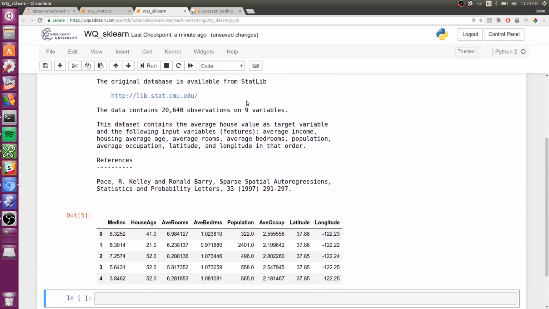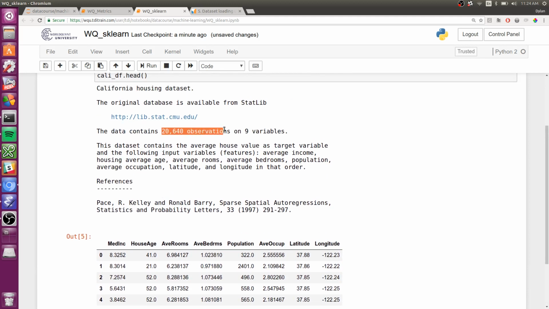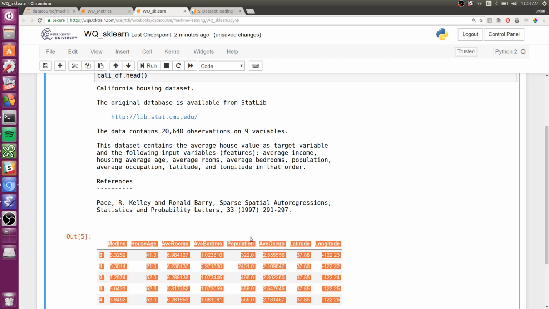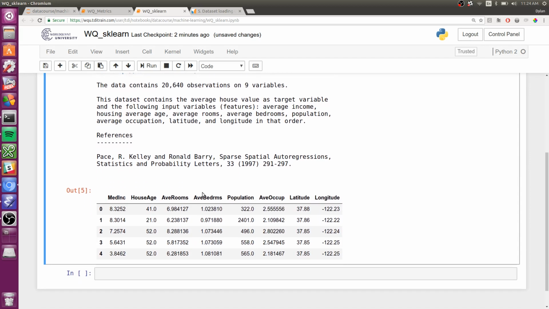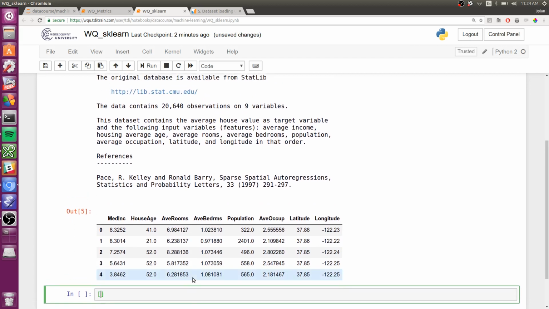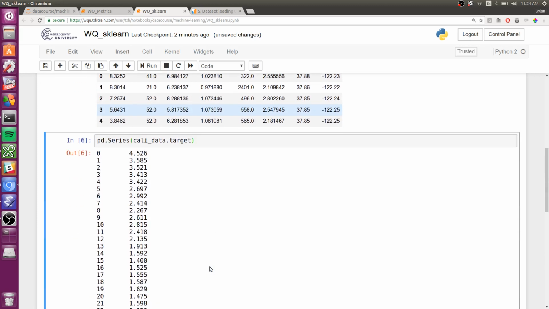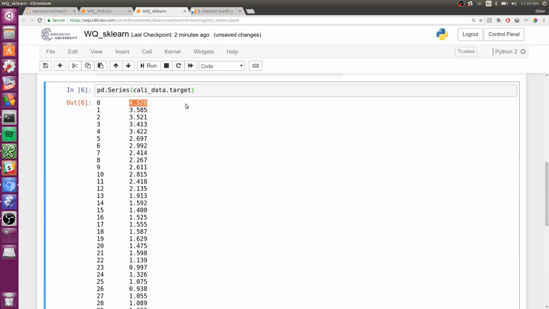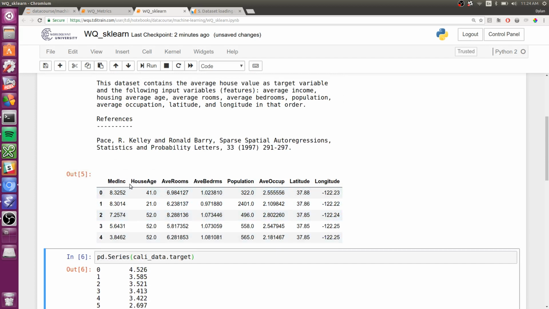In case you forgot, the California housing dataset has about 20,000 observations on 8 different predictor variables or features, and then of course it also has labels, which are the median home price in each region in this table.